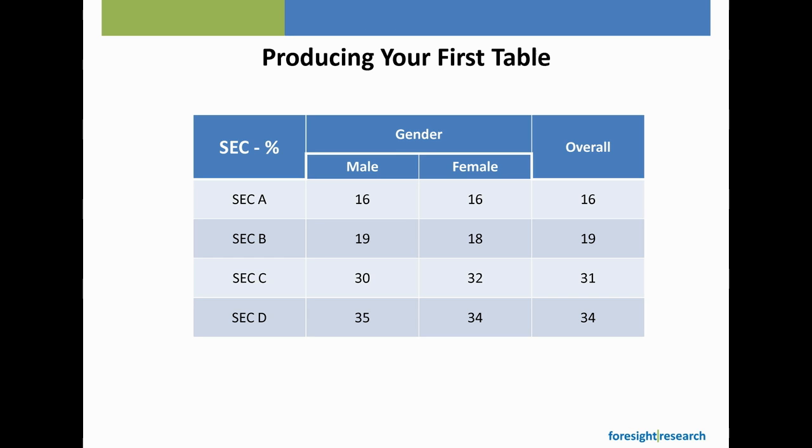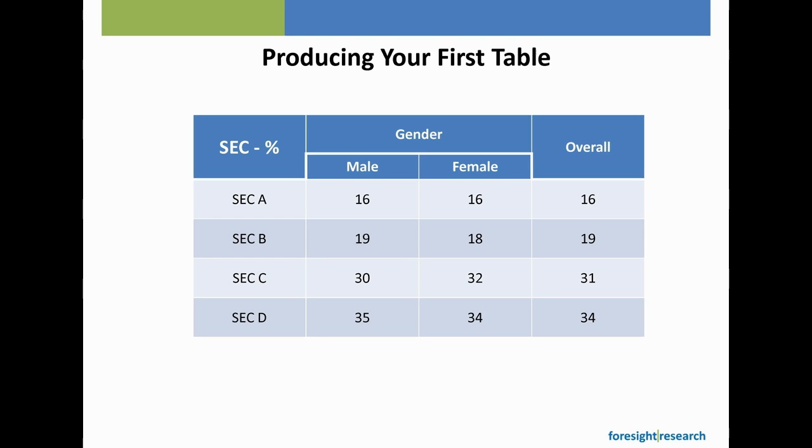Now we will try to process this table. You can see on your screen that we have gender and overall as columns and SEC as rows. However, we want to draw your attention to the order of columns. You can see that gender appears before overall.